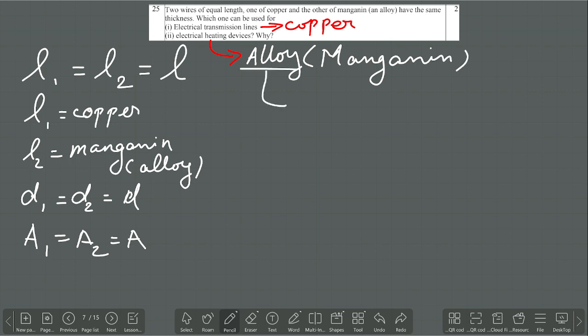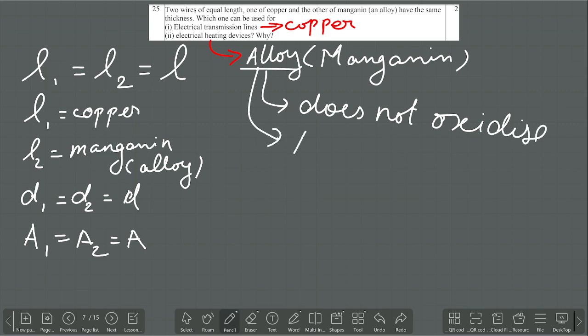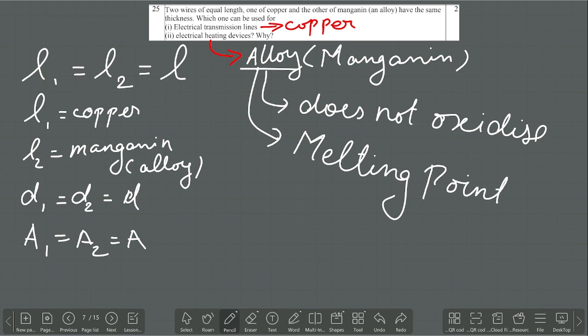The reason is that alloys do not oxidize, and another one is that the melting point of an alloy will be high. Clear? So these are the two reasons we use alloys for electrical heating devices.